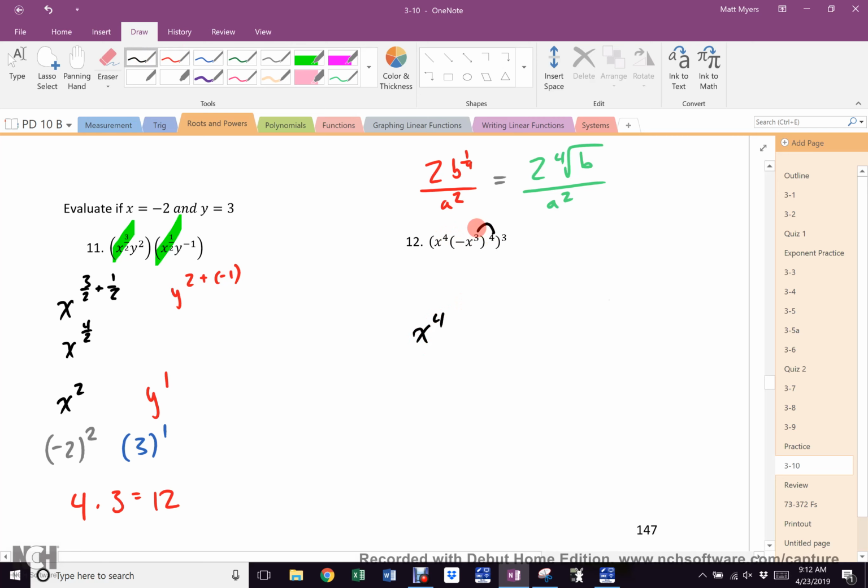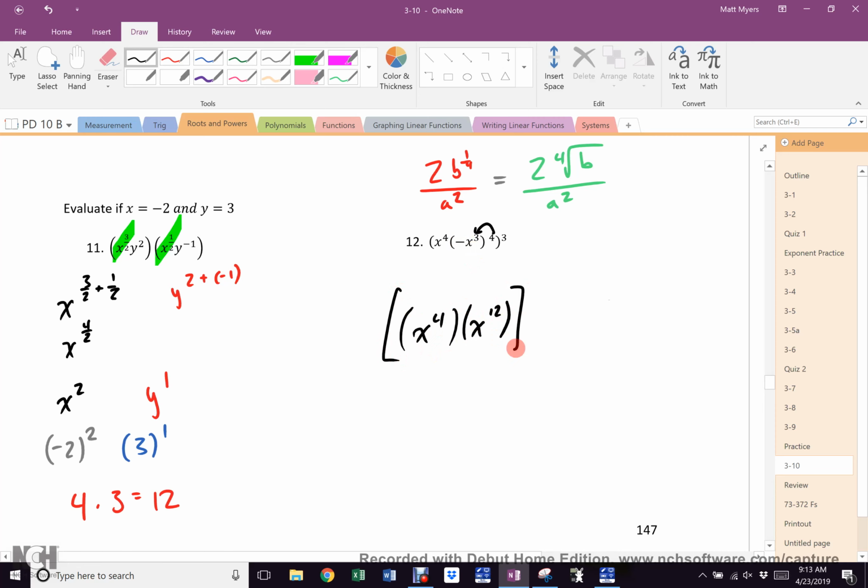Now, what does that 4 do to that 3? Multiplies it by 12. What does that 4 do to that negative? Makes it a positive, doesn't it? Because negative times a negative 4 times is positive. So this becomes x to the 12th. Yes?